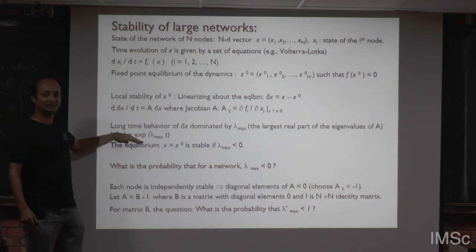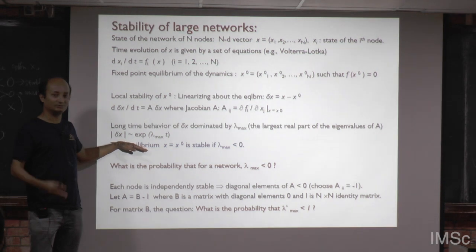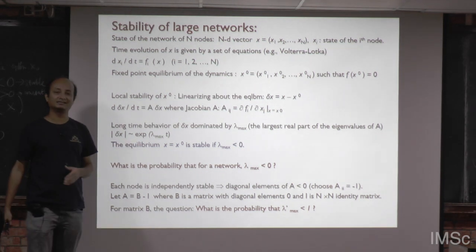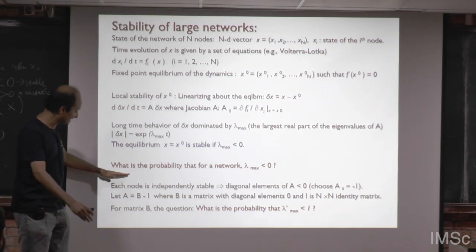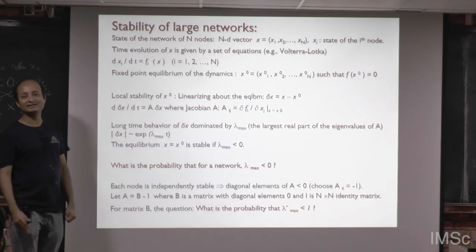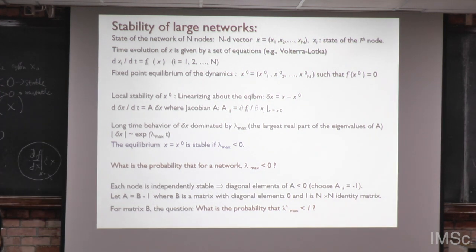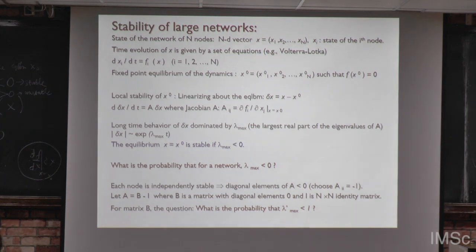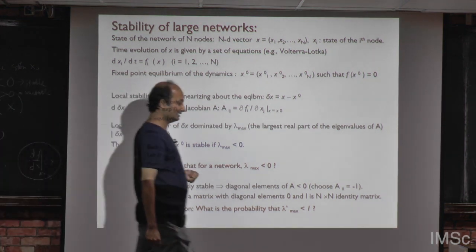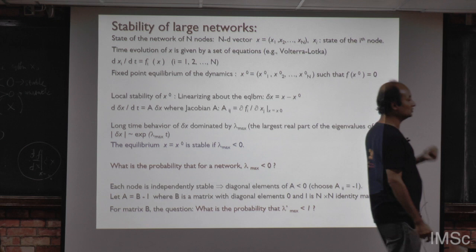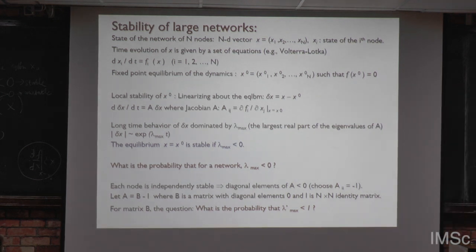Up to this point, it's pretty much what you would have found in any dynamical systems textbook in the 1970s. From this point on, May's contribution starts. He says, let's assume that in isolation each variable is stable.